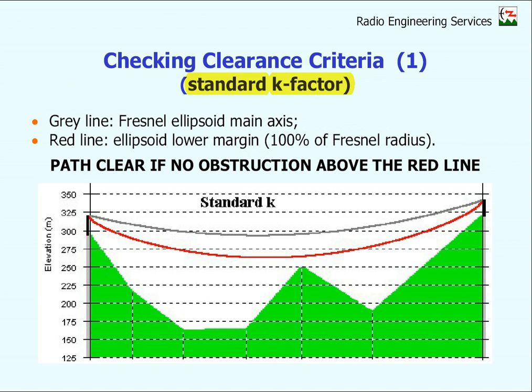The grey line is the ellipsoid main axis, with the curvature corresponding to K equals 1.33. The criterion says that the ellipsoid must be totally free from obstructions. So, nothing along the path must be above the red line. In this case, path clearance is verified.